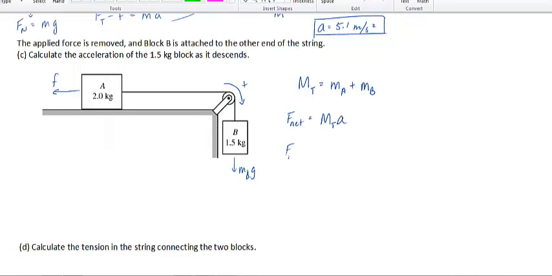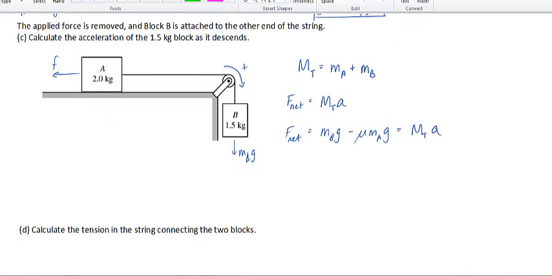So my net force ends up looking like, if my positive direction is as I chose it, mass B times G minus the friction, which we already showed is mu times mass A times G, equals mass total times the acceleration.